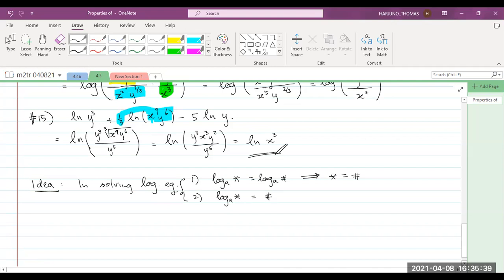If you have one log on one side and no log on the other side, then you go on to the exponential form: A to the blah equals blah. So if you have log equals log, then you use one-to-oneness.